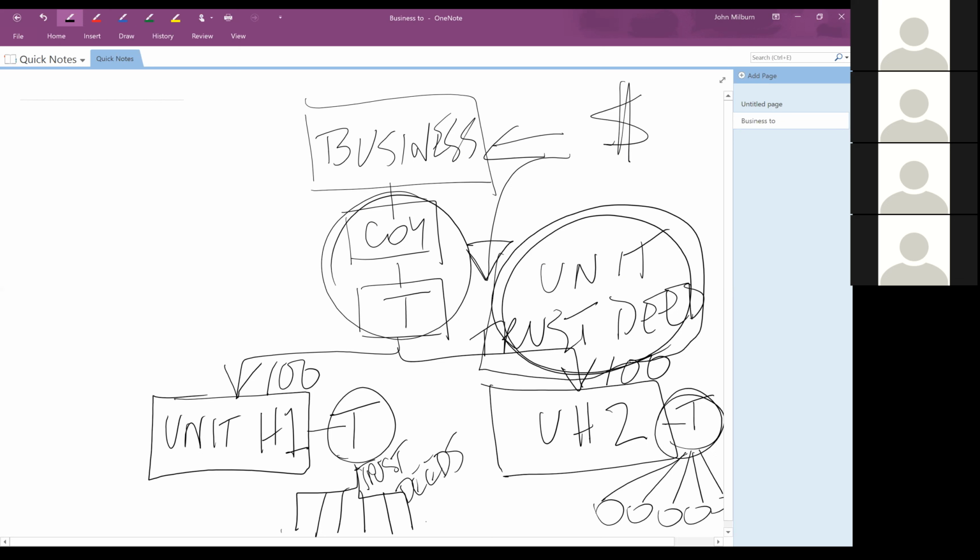But these individual trust deeds are discretionary trusts, just like we saw before. The only real difference is that the way in which the trustee of the discretionary trust receives its money is via the unit trust in fixed shares, rather than being directly the owner of the business.